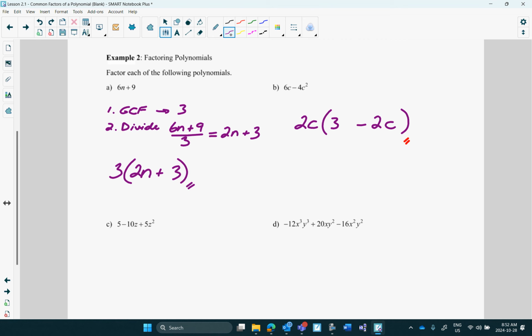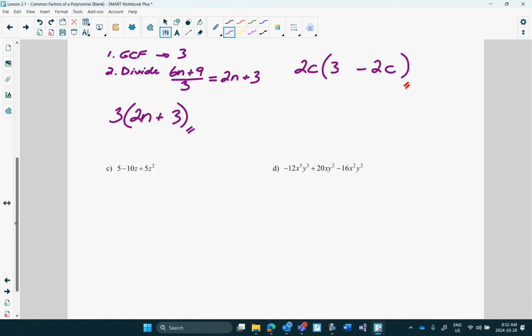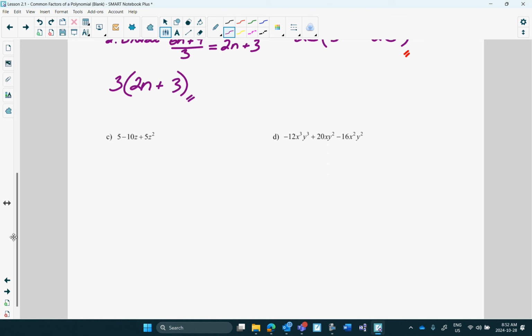Try the next one on your own or with somebody else. When you factor by the GCF, your answer is always going to look like something times something in parentheses. First of all, what's the GCF? 5.